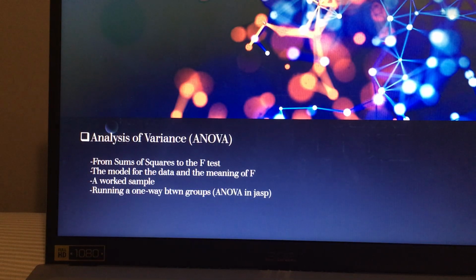In statistical notation, we would write this assumption as follows. Epsilon IK is approximately normal, with mean 0 and variance sigma squared.